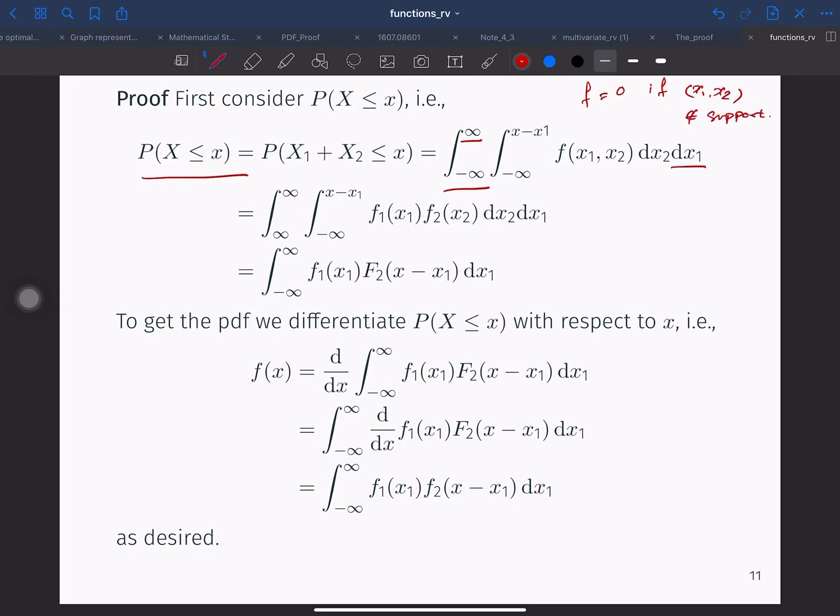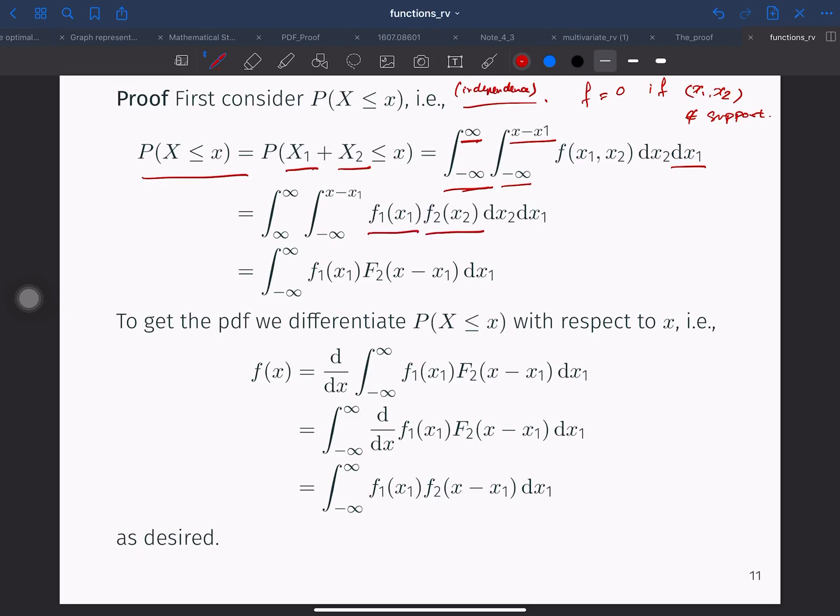But because x2 plus x1 has to be less than x, x2 can only go from negative infinity to at most x minus x1. Assuming these are independent, and we prove this only for independence since the general case is the same, I can write this as f1 of x1 times f2 of x2.